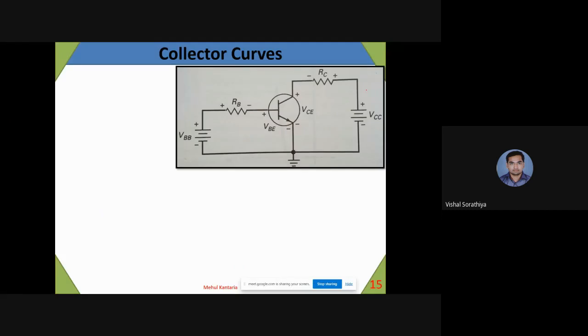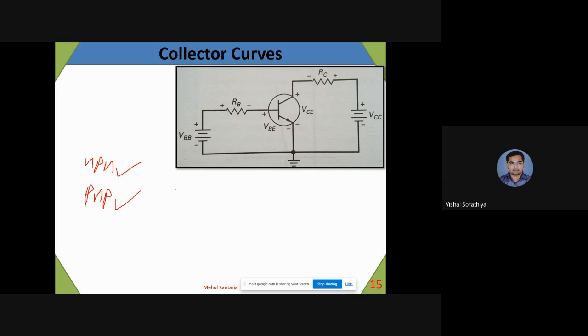Let me explain. First you need to look into the diagram and identify whether this is an NPN transistor or a PNP transistor. What is the feature of the transistor, NPN or PNP?